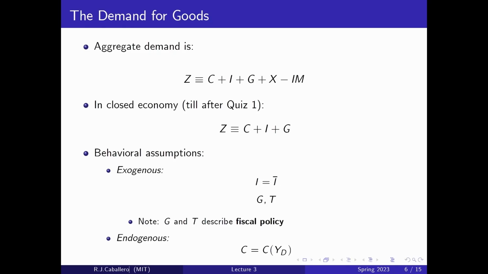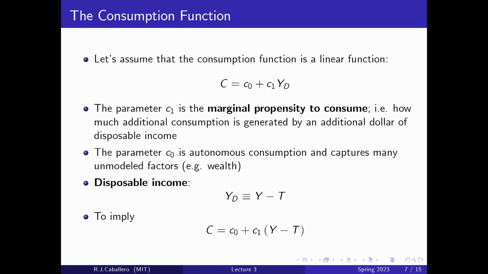We wanted to build a little more, so we needed some behavioral assumptions. We made them initially very simple. We assumed government expenditure was exogenous. Taxes, T, were also exogenous. And the only behavioral equation we had was the consumption function. We said consumption is increasing in disposable income, so we assume something linear like this.